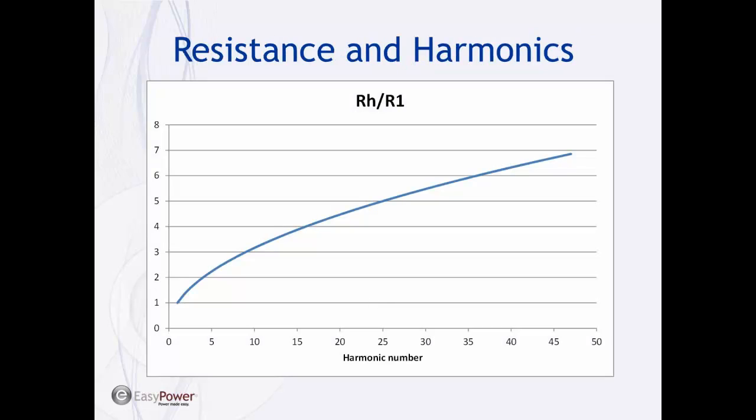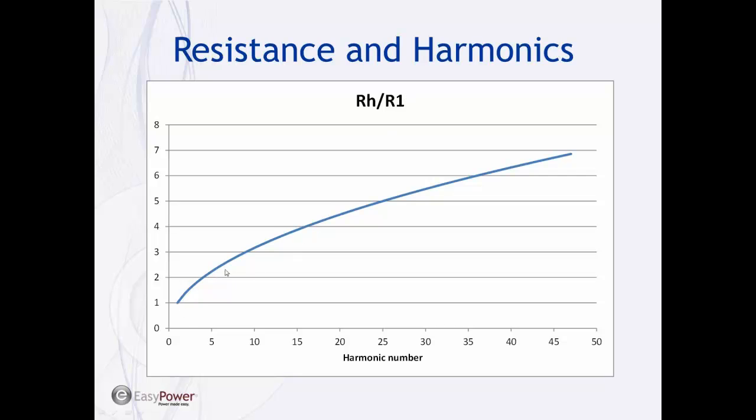Now let's take a look at how the resistance changes with the harmonics or the frequency of the current. If you look at this chart here, on the horizontal axis we have the harmonic number, and on the vertical axis we have the ratio, the resistance for that particular harmonic divided by the resistance for the fundamental frequency.